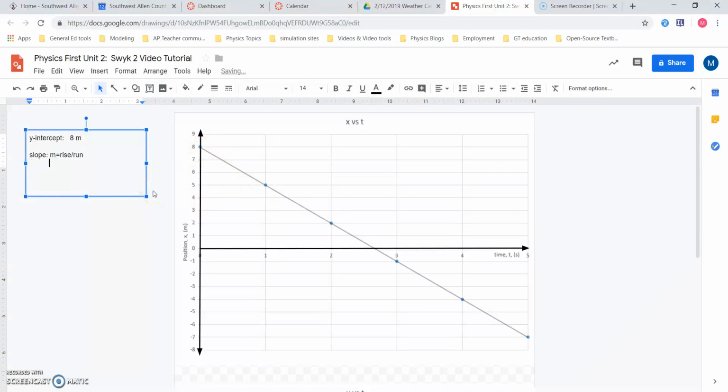So when I find the slope here, I end up getting -3. But it's not just -3, it's really -3 meters. And then I have to divide that by the run, and the run in this particular one happens to be 1. But it's not just 1, it's 1 second. So what does this simplify to? Well, the slope simplifies to, in this case, -3 meters per second.